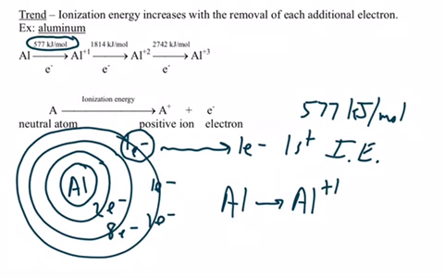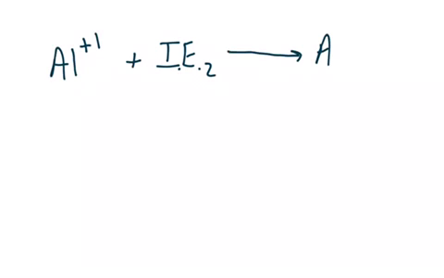Now, I'm going to continue this process. I'm going to take aluminum plus 1, and remove a second electron from it. Since I'm now removing a second electron, this is called the second ionization energy. And as a result, aluminum will now have 2 electrons removed.